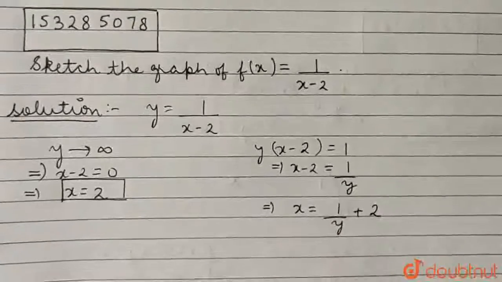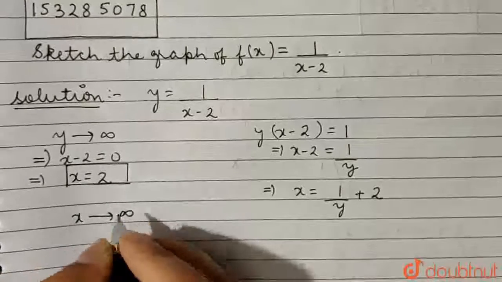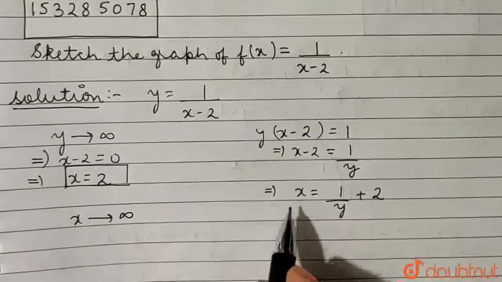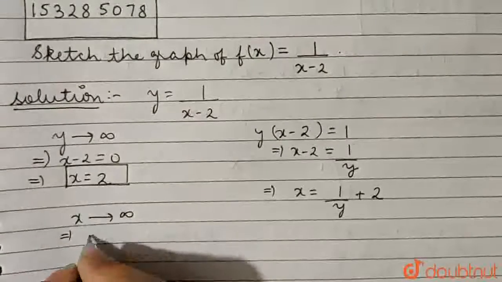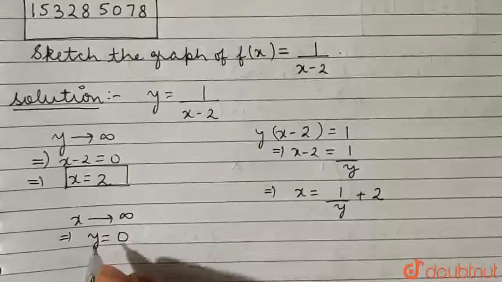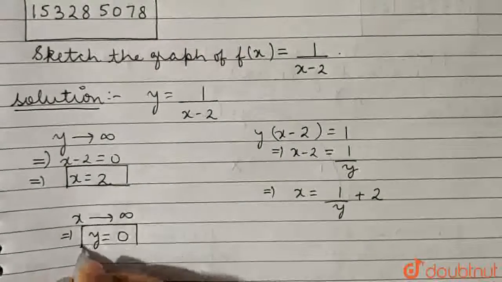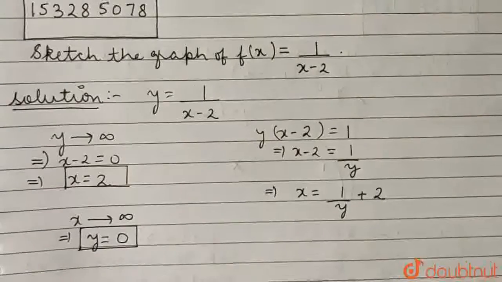Now, when x tends to infinity, x will tend to infinity if and only if y is 0. So therefore this will imply that x will tend to infinity when y is 0. So therefore y is equal to 0 is also an asymptote of the graph.